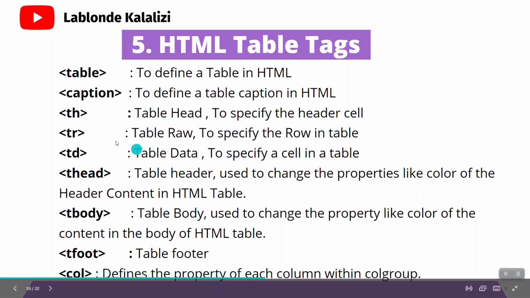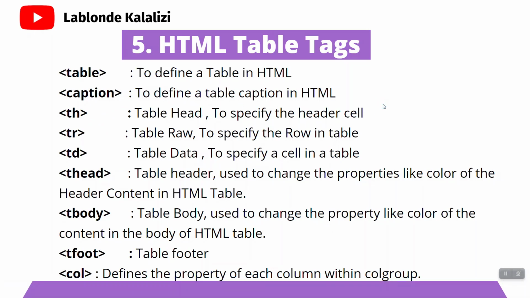And then we have a caption. A caption defines a table caption in HTML. We have TH. TH stands for table head. So less than sign, TH in the middle, and greater than sign. This is a table head to specify the header cell. We have TR.